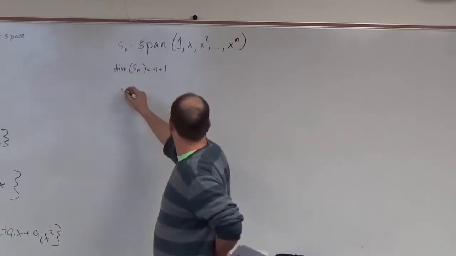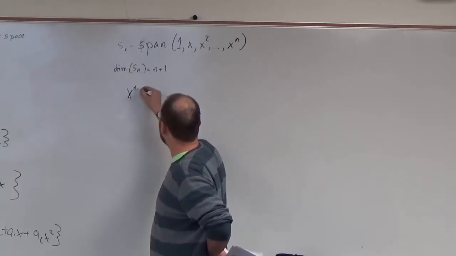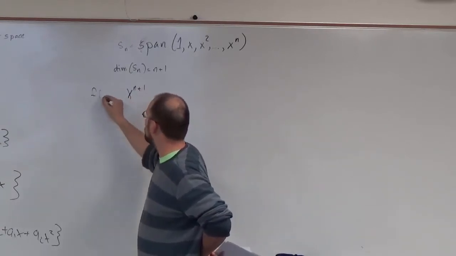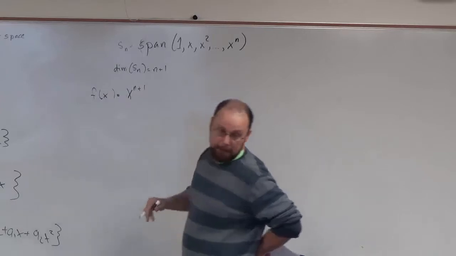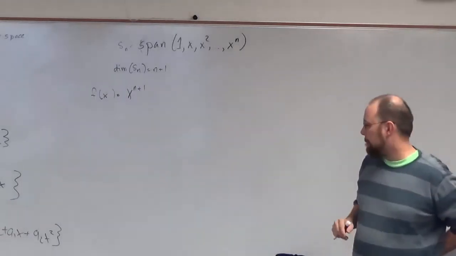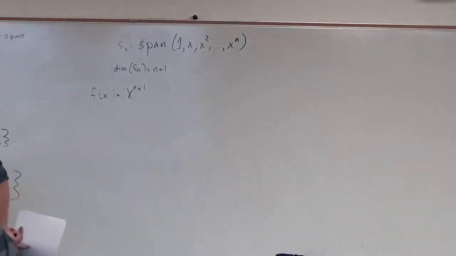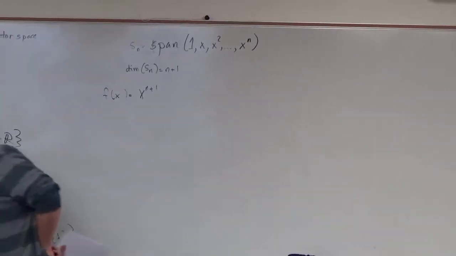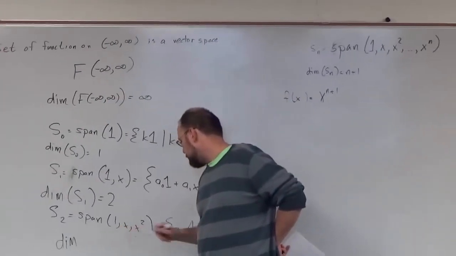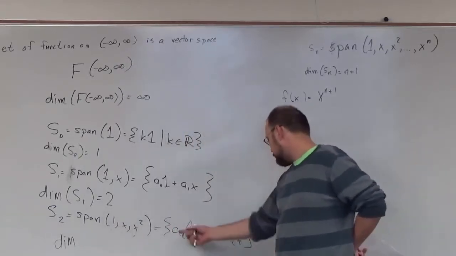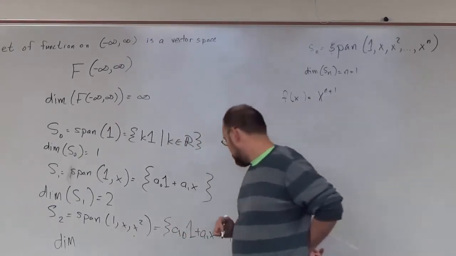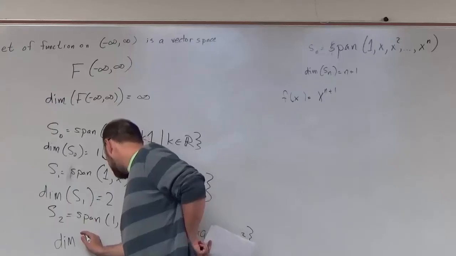And can I ask you, is x to the power n plus 1 a function? Yeah. So is the dimension of S2 3? Yes. We have 3 linearly independent functions which span the set.